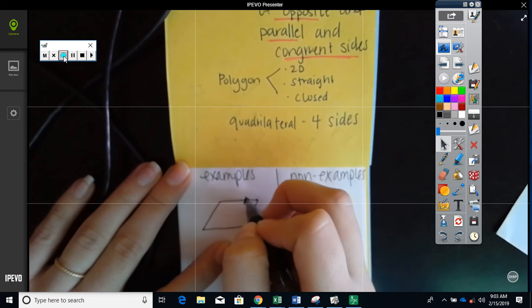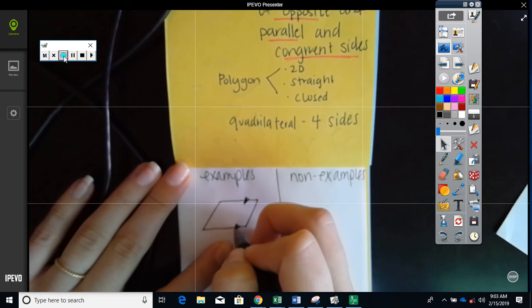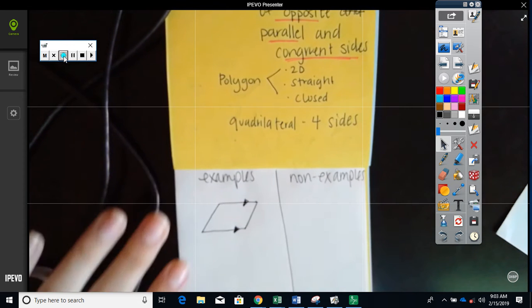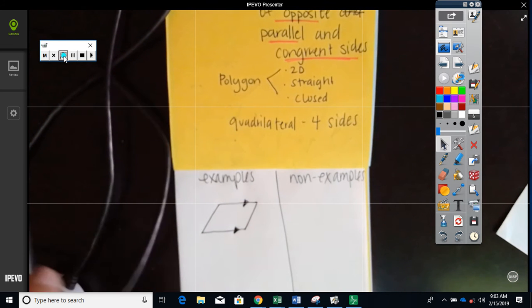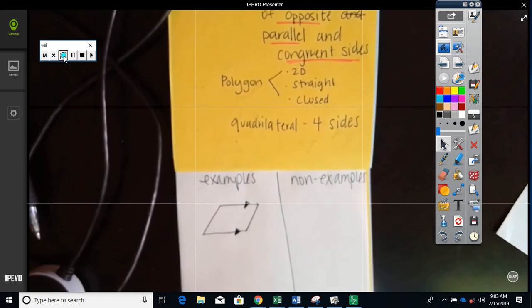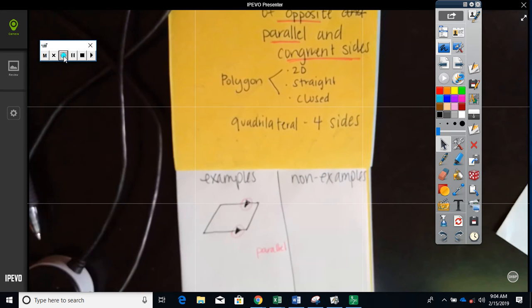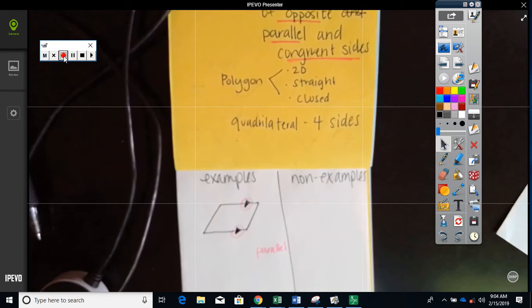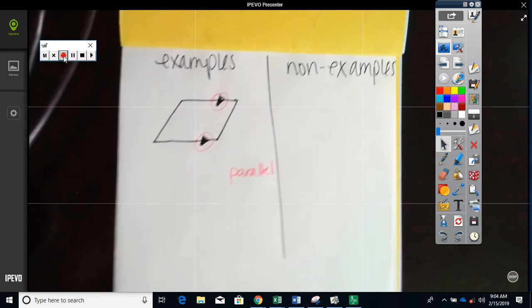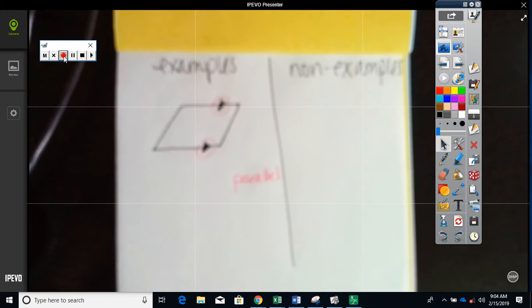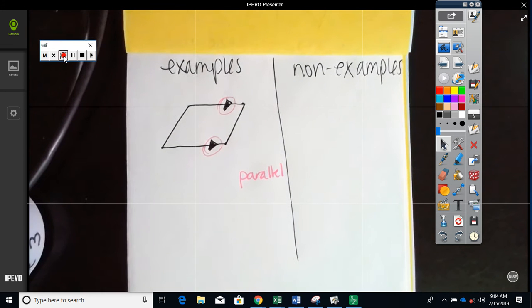If these two sides are parallel, I draw a triangle to show it's parallel. If they have the same number, that tells me that they're parallel. Those two are parallel. Oh, I know you can't see that. Let me try to zoom in.